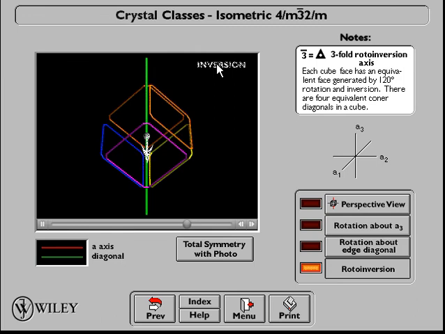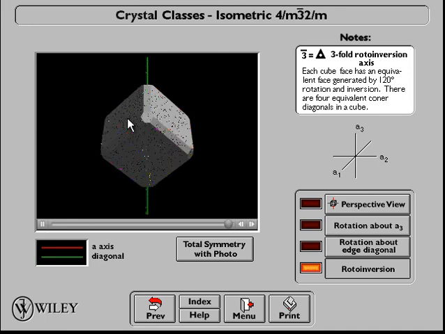Here we have now formed the bottom, and then last but not least again a 120 degree rotation, followed by the center of symmetry here to this phase. Now our threefold roto-inversion is complete.